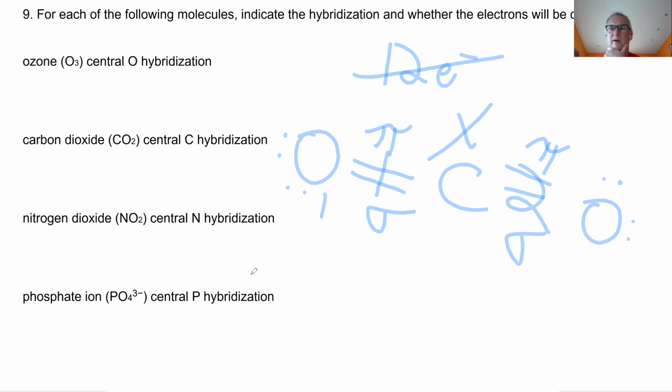Why isn't there an s orbital anymore? Because we're just looking at the valence electrons. And what happened to the s orbital? It's now sp. It's been hybridized. It no longer exists. We've taken one of the p orbitals and the s orbital and mixed them together to make an sp orbital. So whose electrons are making the sigma bonds?